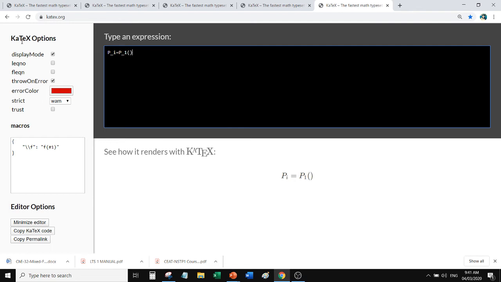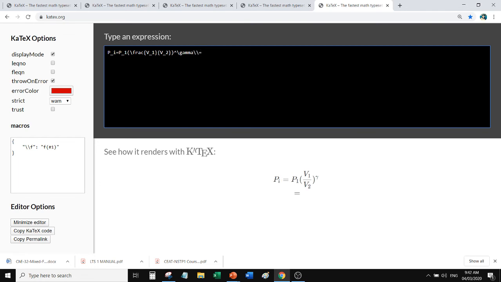So that is V1 over V2 raised to gamma. So this is how we solve for the intermediate pressure. Plug in the values.